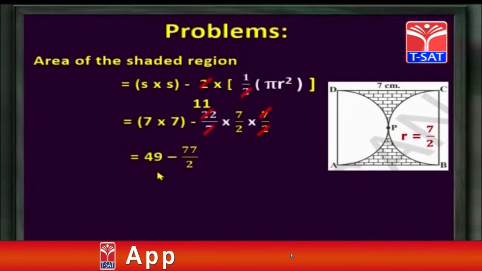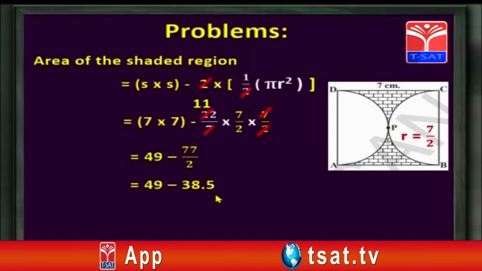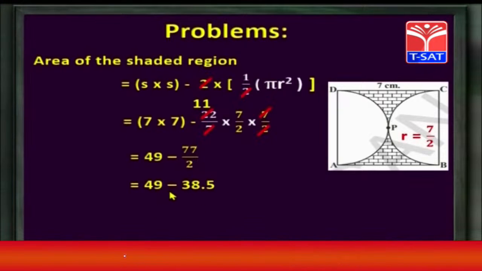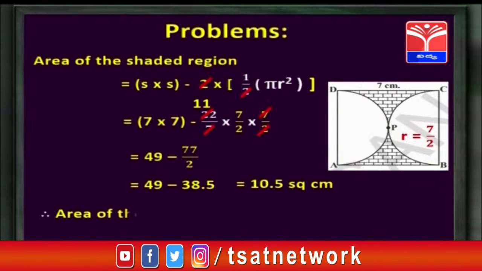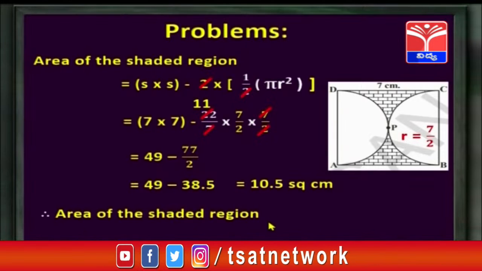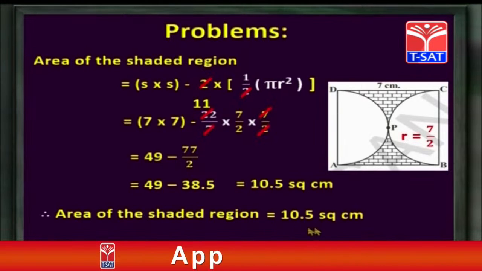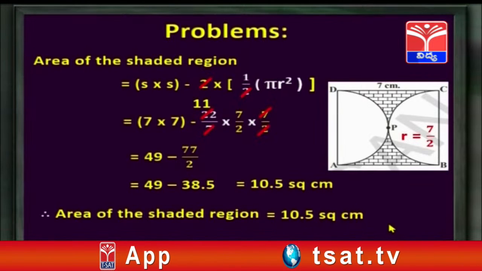So, 7 7s are 49 minus 77/2, which is equal to 49 minus 38.5. 49 minus 38.5 will be 10.5 square centimeter. So, therefore, the area of the shaded region is equal to 10.5 square centimeter.